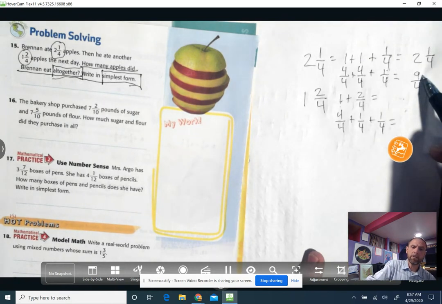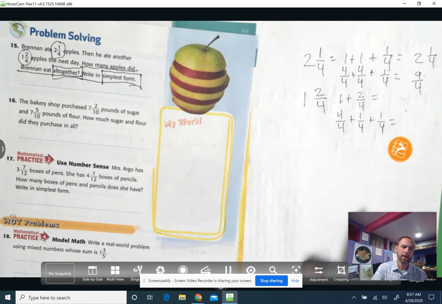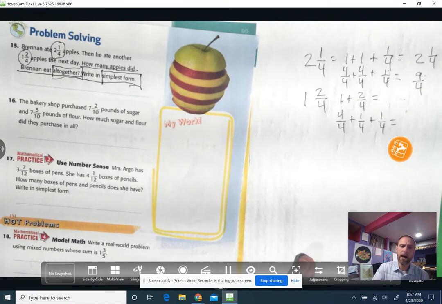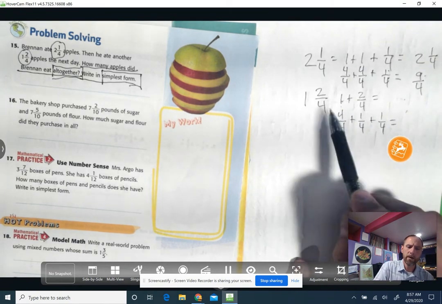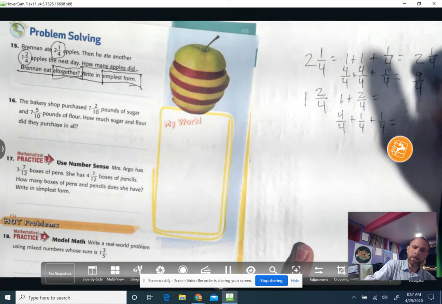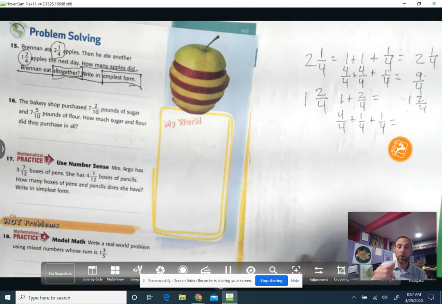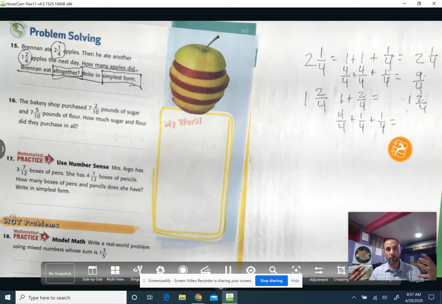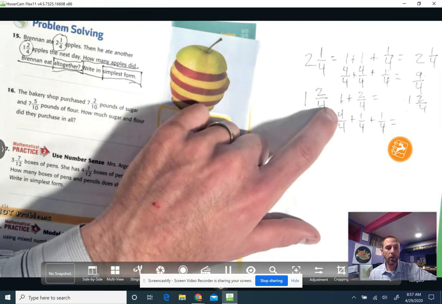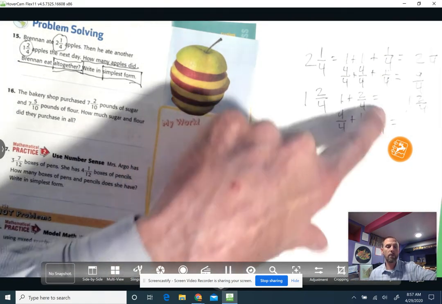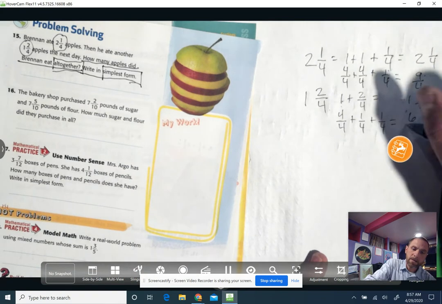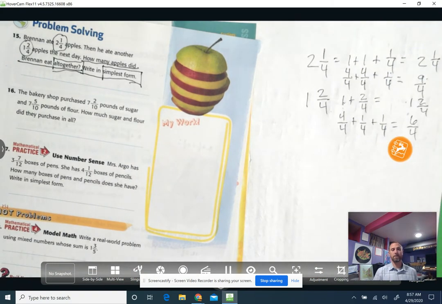One's represented as an improper fraction, the other one's represented as a mixed number. And then for 1 2/4, we had 1 whole apple plus 2/4 is how we made that 1 2/4. Or to create the improper fraction, you have 4/4 plus 1/4 plus 1/4, and that gives us your 6/4.